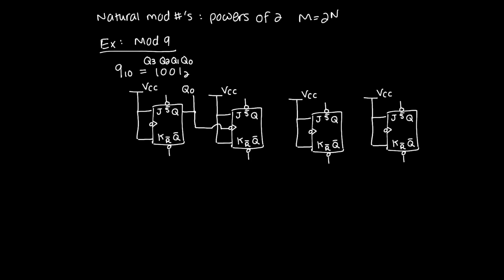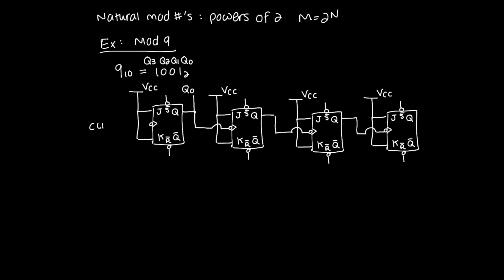So my wiring just looks neater this way, but you don't have to. You can rearrange the flip-flops such that you have Q3, the most significant bit, over on the left visually. The only thing you have to be careful about is that they are wired in the proper manner.